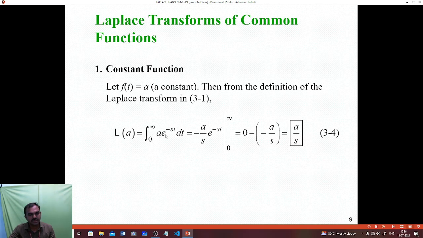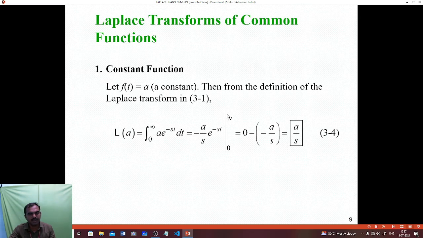It is a. So a into e power minus st dt. Here a is a constant value, we take it outside of the integral. So a, and what is the integration of e power x? We get e power x. So e power minus st divided by, what is the t coefficient? Minus s. So divided by minus s. And after that apply the limit 0 to infinity.